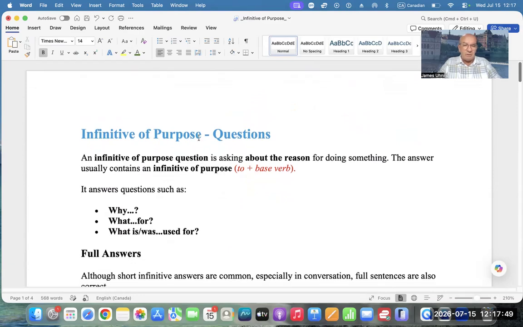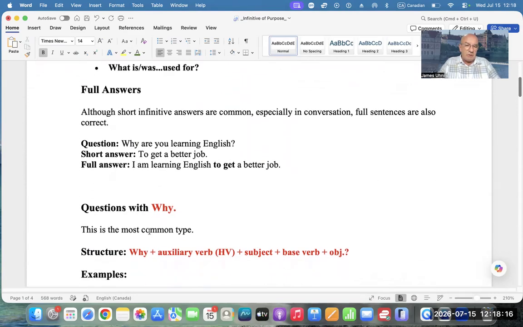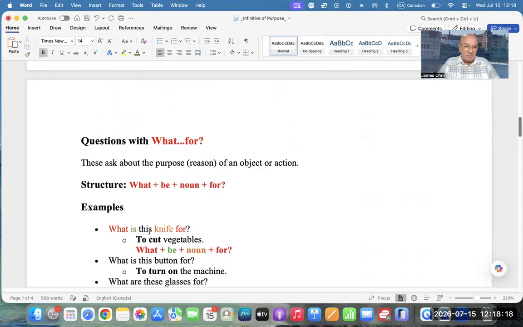Infinitive of purpose with questions. Question why, what for, and what is, was used for. Here is was as past simple form of the verb be, but we can use also what is, are. So is is present simple, was past simple of the verb be used in the last question.